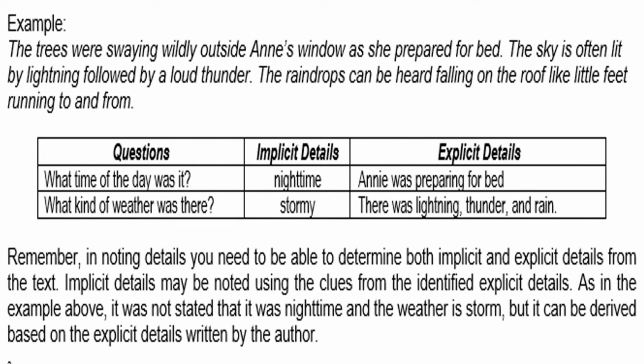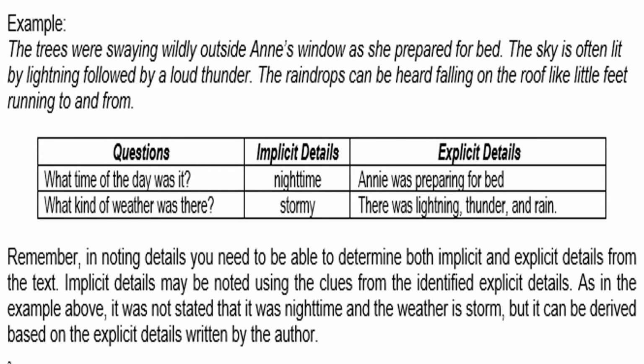The implicit detail: nighttime, and the explicit detail: Anne was preparing for bed. The second question is, what kind of weather was there? Implicit detail: stormy, and the explicit details: there was lightning, thunder, and rain.